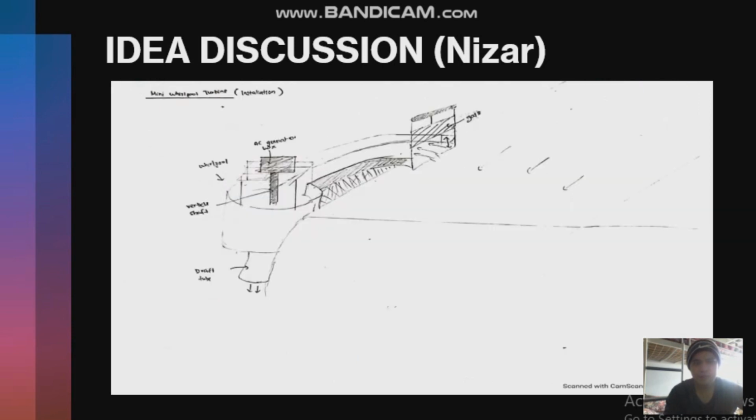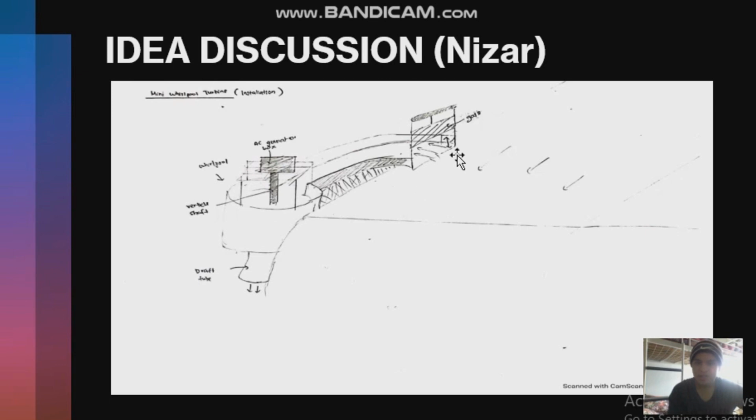So this is the rough idea for the installation. From the river, we will be creating a forebay beside the river, and by doing that, the water will flow into this passage and into this hub, and will rotate the turbine.